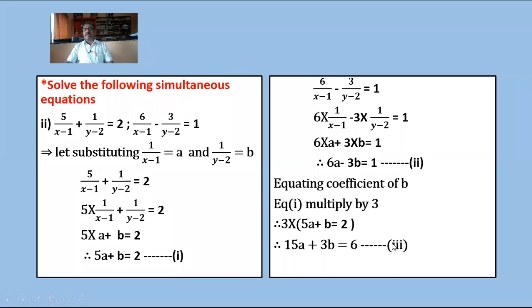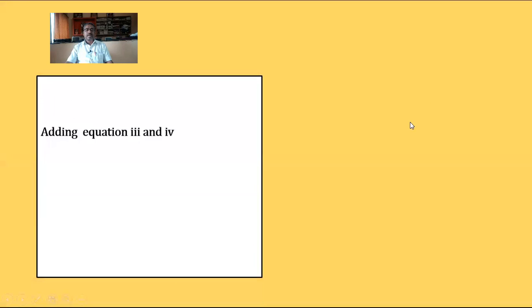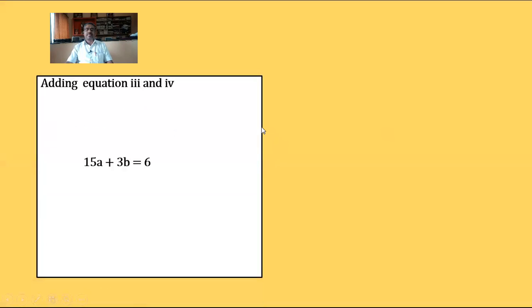From equations 2 and 3, observe the coefficient of b: it has the same value with opposite sign. Therefore, adding equations 2 and 3: 15a plus 3b is equal to 6 and 6a minus 3b is equal to 1.